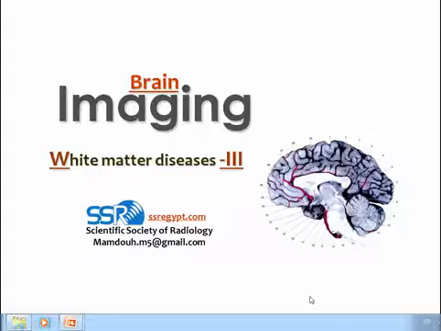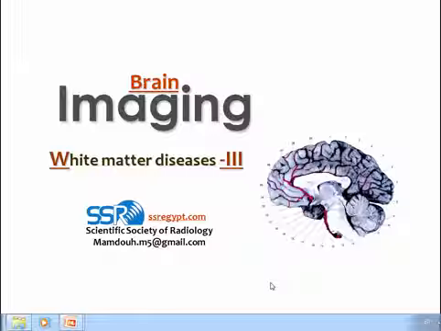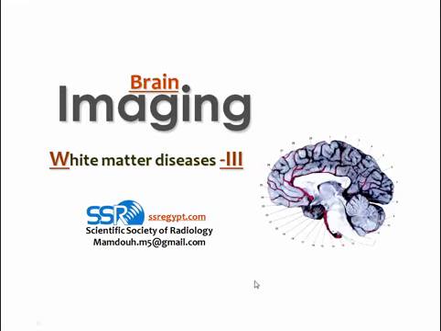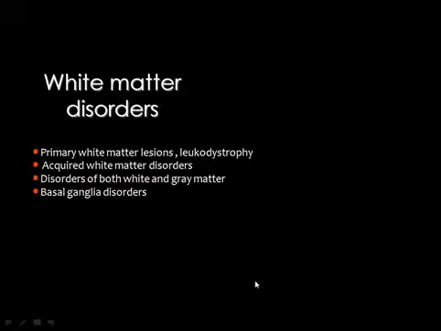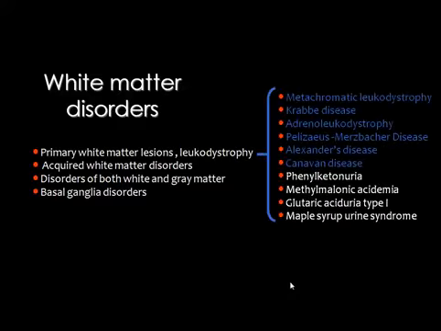Dear colleagues, this is the last, or the third, part of the topic imaging of the white matter diseases. We have discussed in the first part of this talk the primary white matter lesions, which are named leukodystrophy, and we have handled these six pathologies.